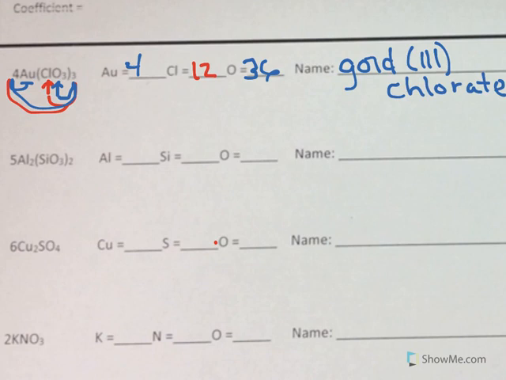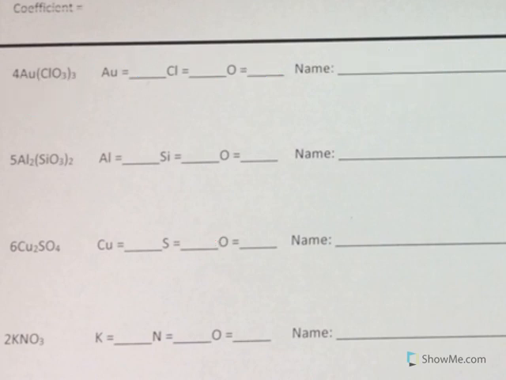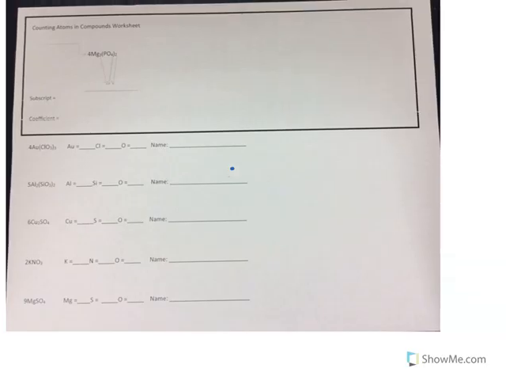Now, let's draw this real quick. I'm going to draw it big. I want you to draw it small so that it fits in your space. I'm going to draw it huge because I've got a big fat finger and an iPad screen. So we have Au in the middle, and then we have 3 groups of ClO3 attached to it.